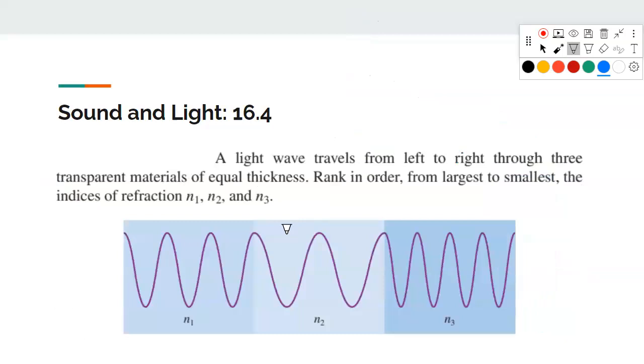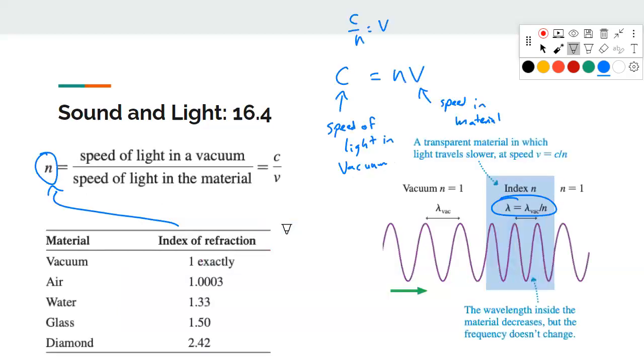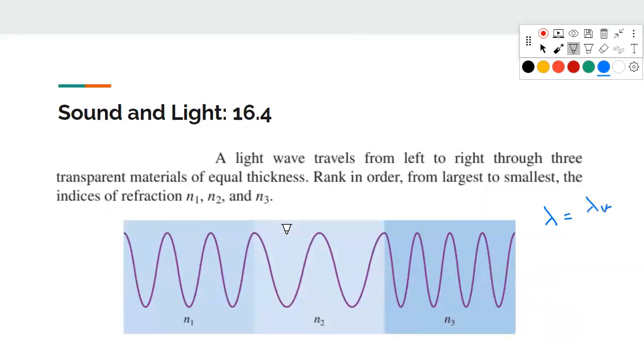Okay, to try a problem with this: a light wave travels from left to right through 3 transparent materials of equal thickness. Rank in order from largest to smallest the indices of refraction n1, n2 and n3. We just saw that lambda equals lambda in a vacuum over n, where lambda is the wavelength, the distance between 2 similar points on a periodic function.